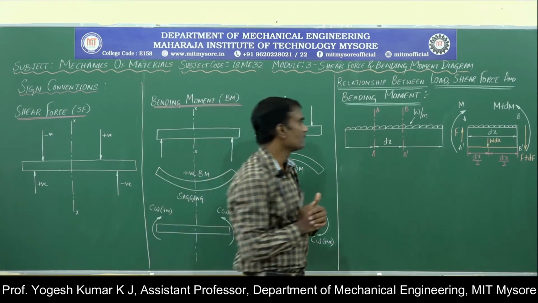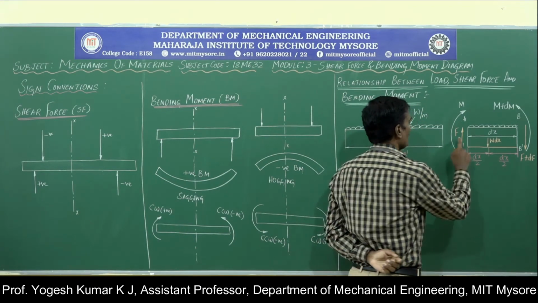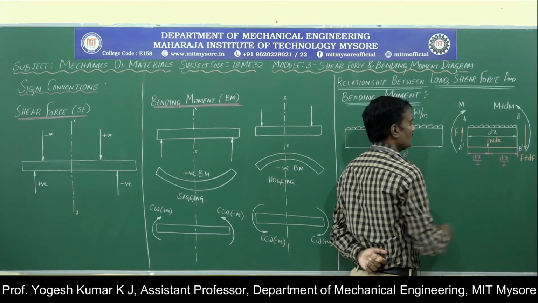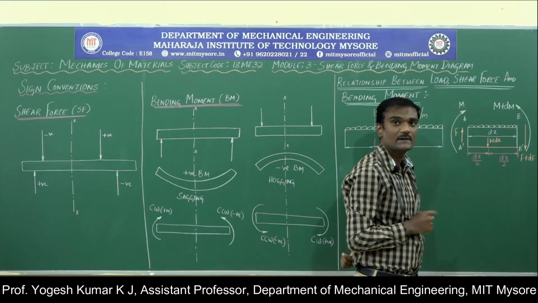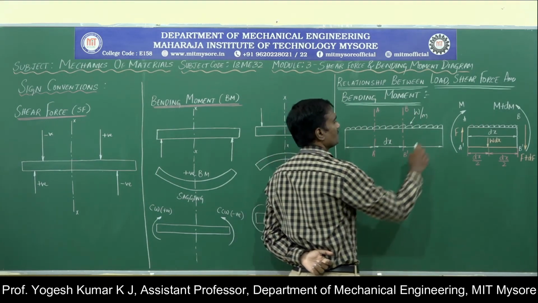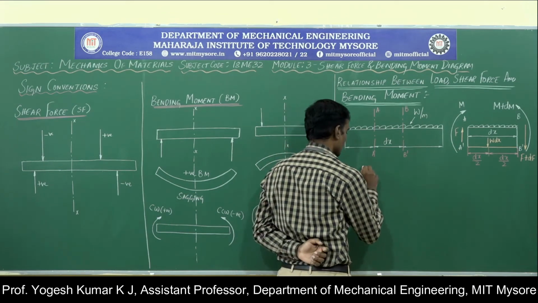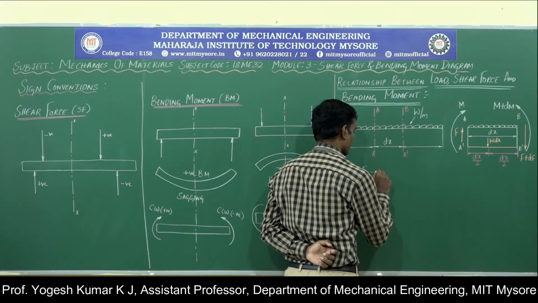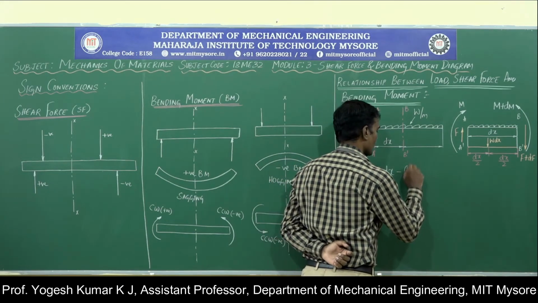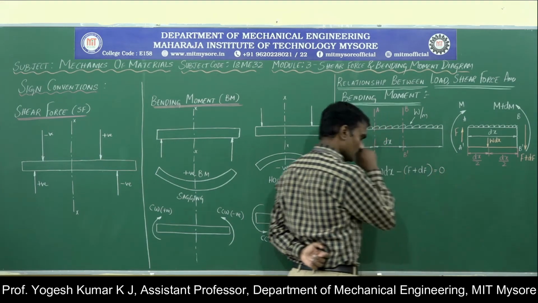Can you identify the forces that are acting on the beam? F acting upwards, W into dx acting downwards, and F plus dF acting downwards. So we have said the algebraic sum of all the forces acting should be equal to 0. That will be F minus W dx minus (F plus dF) equals 0.